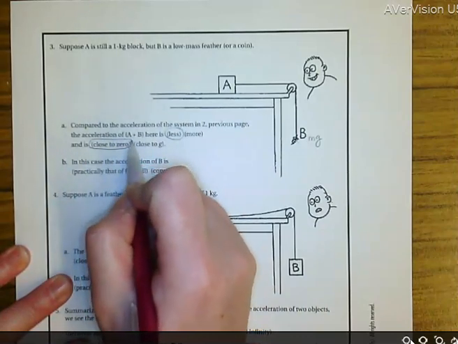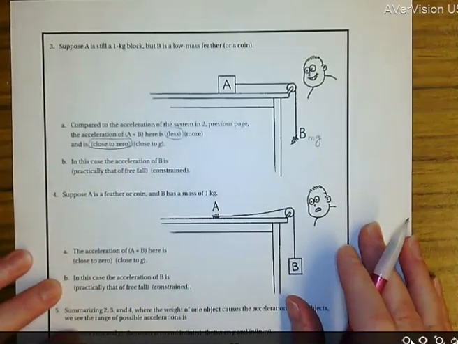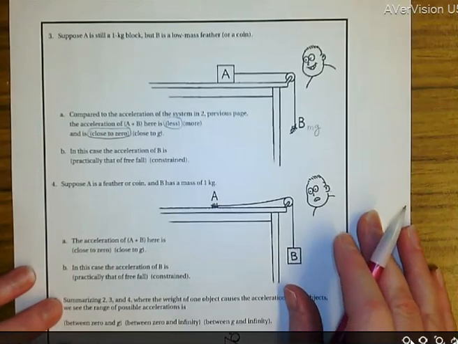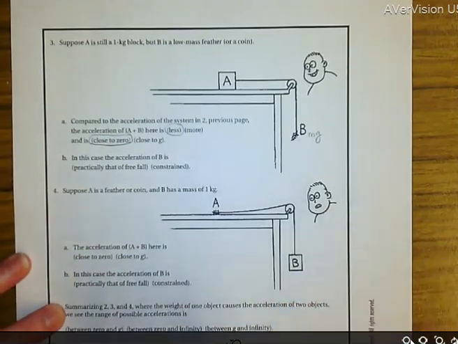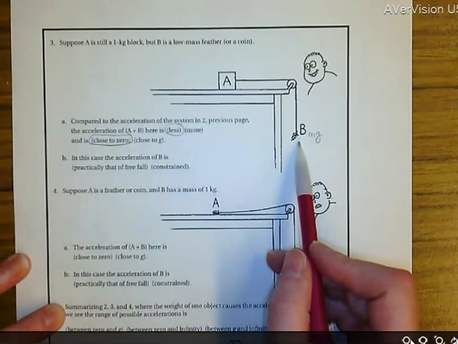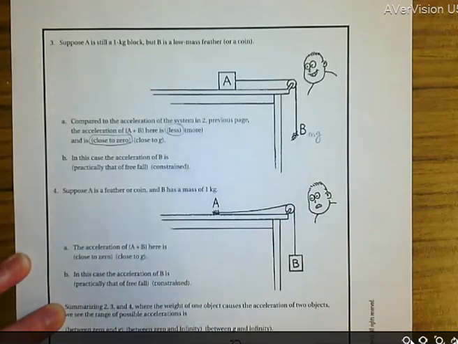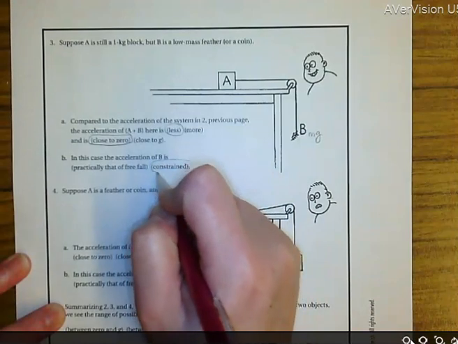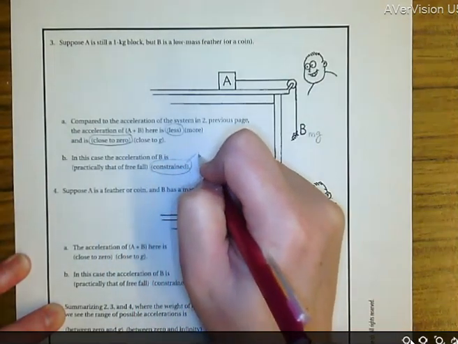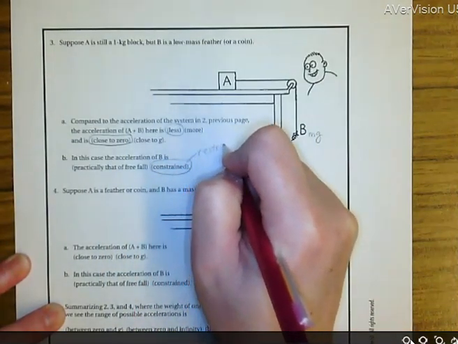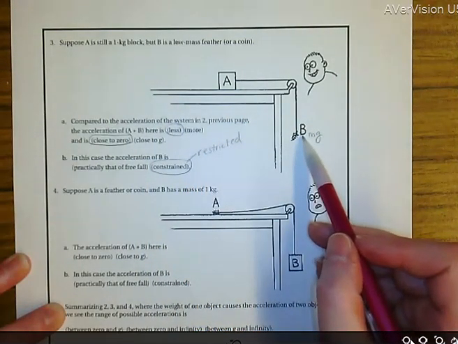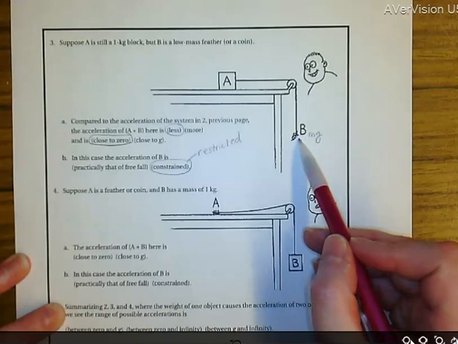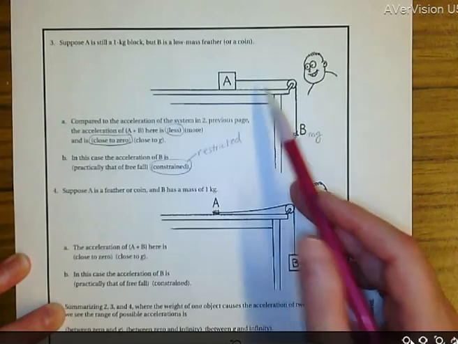You don't expect a feather to be able to accelerate something that has a mass of 1 kilogram. In this case, the acceleration of B is very constrained or restricted. Basically, this feather can't accelerate because it doesn't have enough mass.